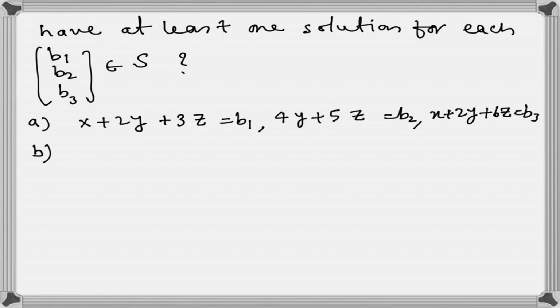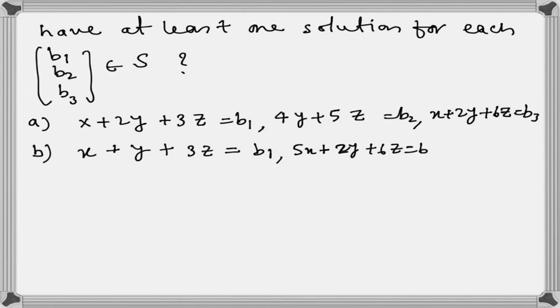Second part is x plus y plus 3z equals b1, 5x plus 2y plus 6z equals b2 and minus 2x minus y minus 3z equals b3.